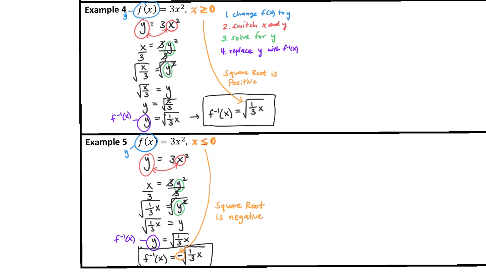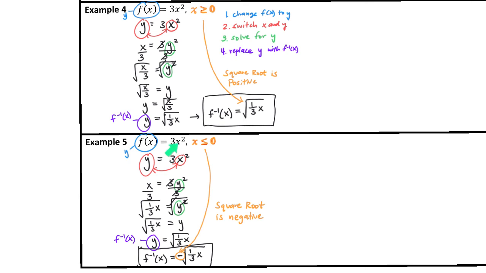So in example 4, we solved and we got this answer. For example 5, we solved and we got the same answer, because if we look at example 4 and 5, it's the same equation, 3x squared, 3x squared.